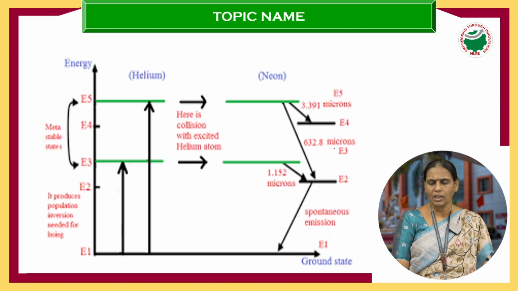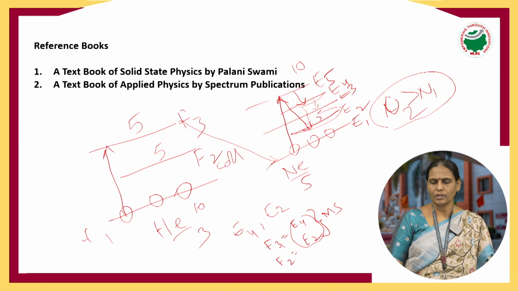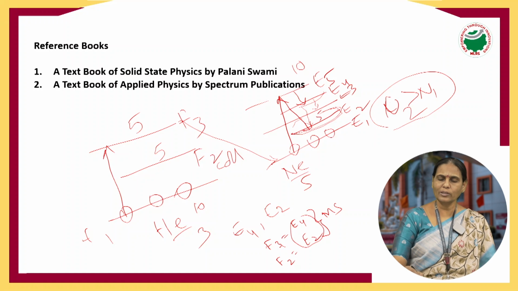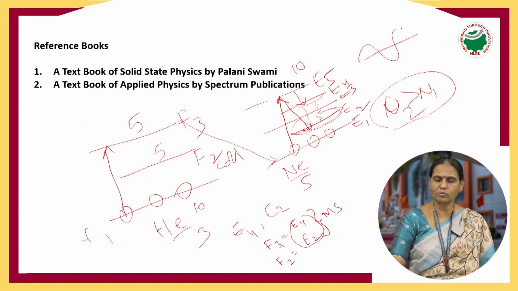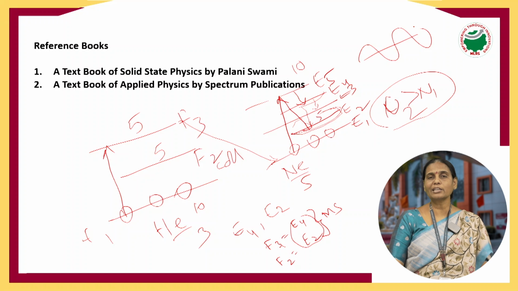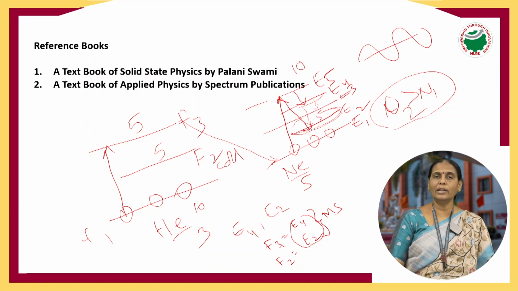The actual wavelength is produced in the E2 state, that is 6328 nanometers, which produces a continuous wave output. That's why gas lasers are used in welding and cutting processes. All the gas lasers are very important lasers used in major applications.